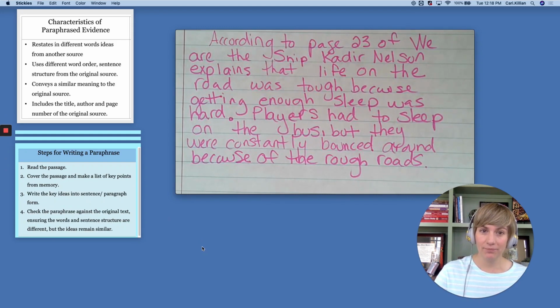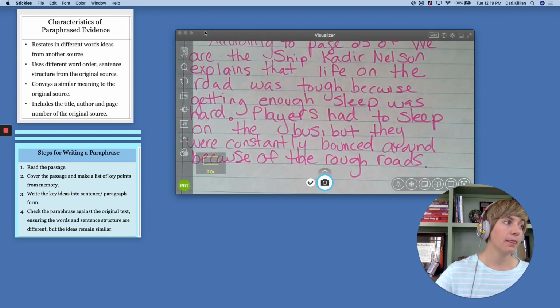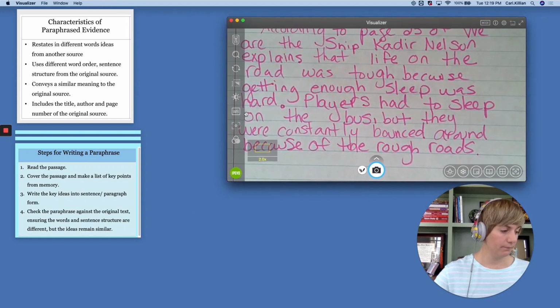Did you get them? All right, step 4. Check the paraphrase against the original text. All right, we want to ensure that the words and sentence structures are different, but those ideas need to remain the same.